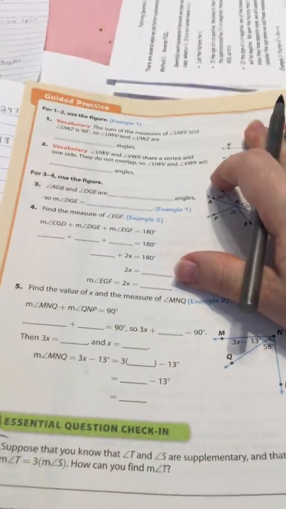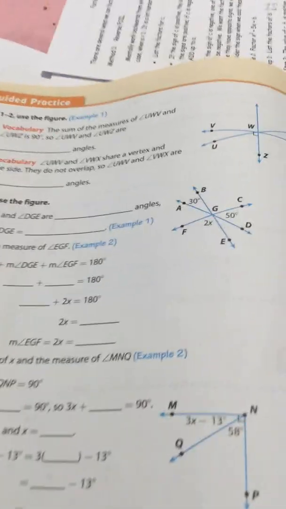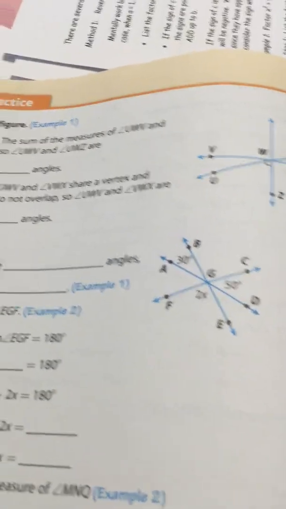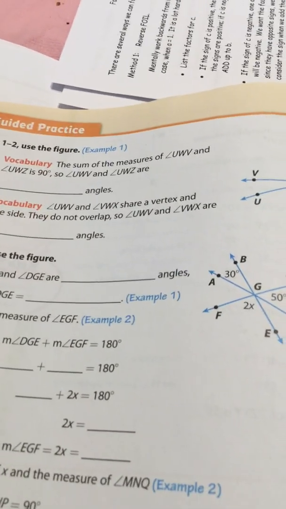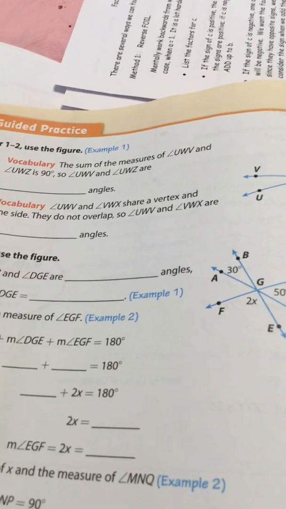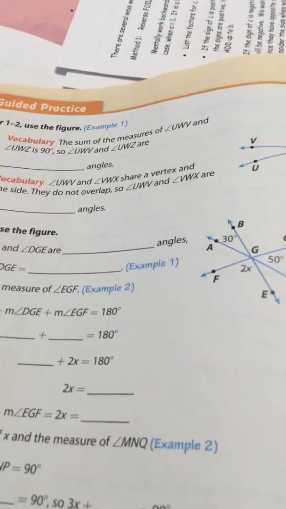Here they're asking about some vocabulary questions, and then they're also asking us to use these figures to solve. So let's take a look. For 1, they're telling us if 2 angles add together to be 90 degrees, what are those angles?